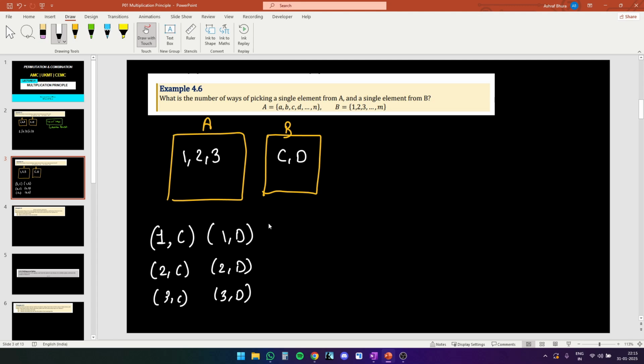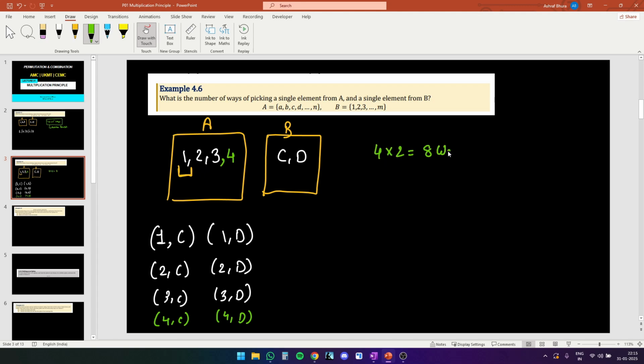Now let's say if I increase one element over here, let's say I have one more element which is 4. So can I say now I will have 4 comma C and 4 comma D. So for every element present in the set A, we will have number of choices 2, which is the number of elements present in set B. So now I can say that if there are 4 elements present over here and 2 elements present over here, the total number of choices becomes 4 2s are 8.